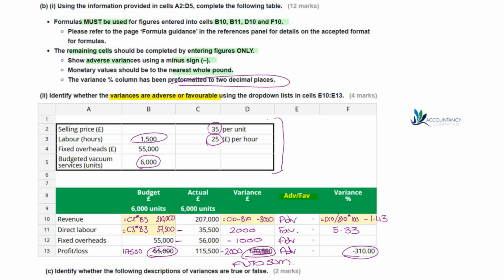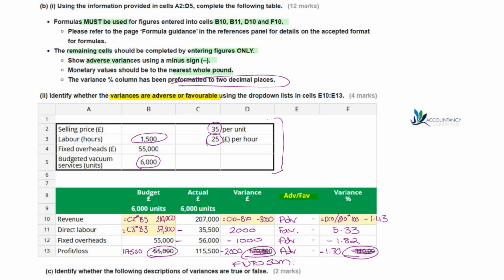And then for our fixed overheads, we're going to take our minus 1,000, divide it by our £55,000 budget, times it by 100 to get minus 1.82. And again, this will auto sum in the exam to minus 1.70.